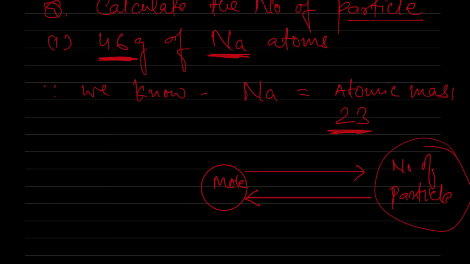So what is given here? We have to find the number of particles, and given here is 46 gram of sodium atoms, the mass. We know that mass also can be converted into moles.